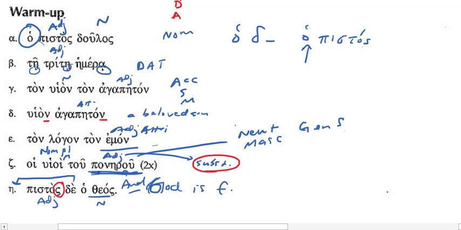So it's either the sons of the evil masculine genitive singular thing, or the sons of the evil neuter genitive singular thing. If it's masculine, the assumption is that it's referring to a person, in which case we would say the sons of the evil one, meaning the sons of the evil person, right? And if it's neuter, then it would be the sons of the evil thing, or it could be referring to the evil thing as evil, right? The sons of evil, meaning the sons of what is evil. So that's the difference in the translation there.